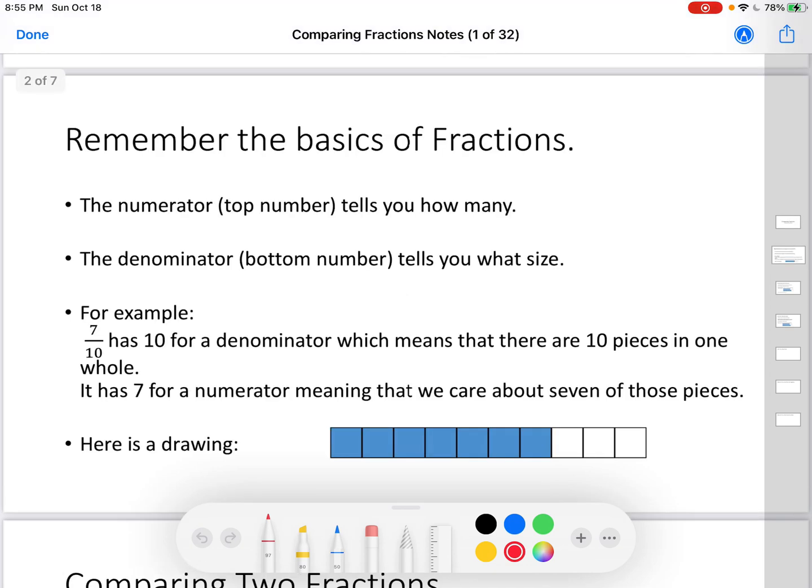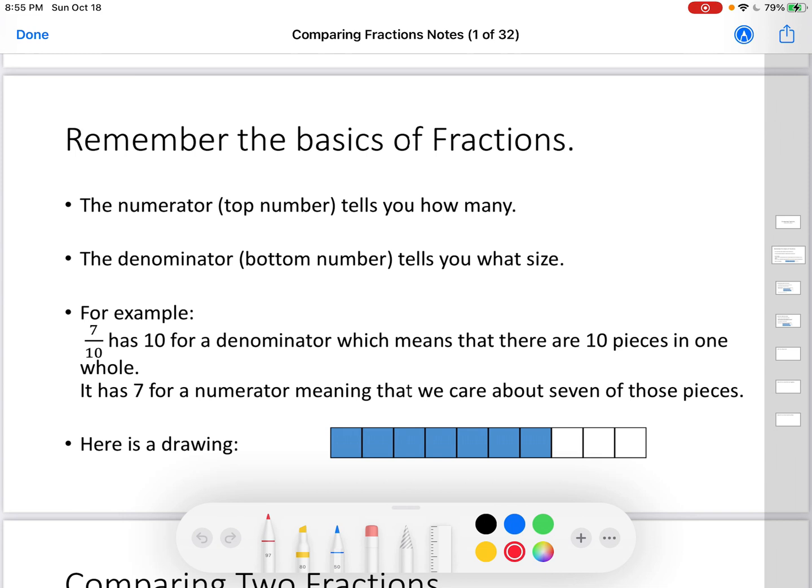Remember the basics of fractions. The numerator, the top number, tells you how many pieces we care about. The denominator, the bottom number, tells you what size the pieces are. For example, 7/10 has a denominator of 10, which means there are 10 pieces in one whole. It has 7 for the numerator, meaning we care about 7 of those pieces.